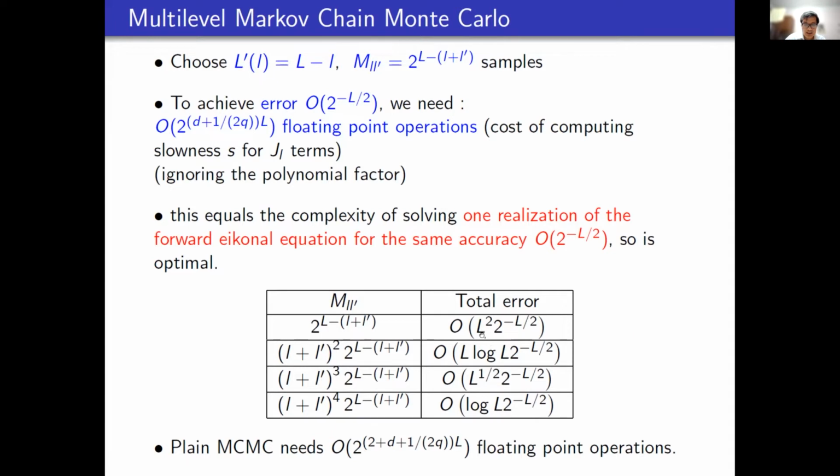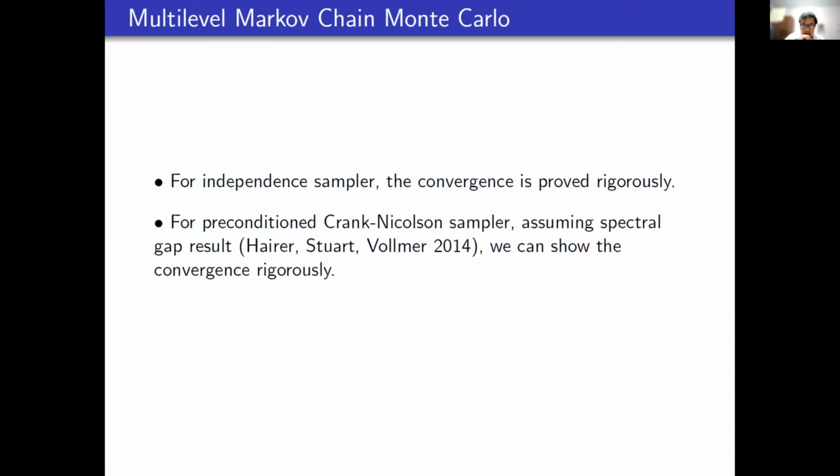So here you see that there is a polynomial factor here. So if we use more samples, then we can reduce this L square. So we can show the convergence mathematically rigorously.